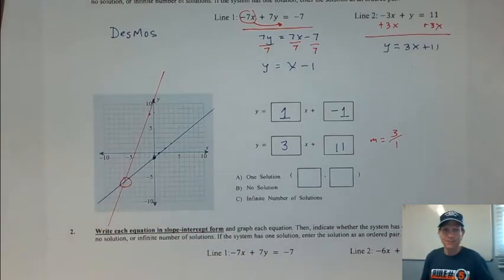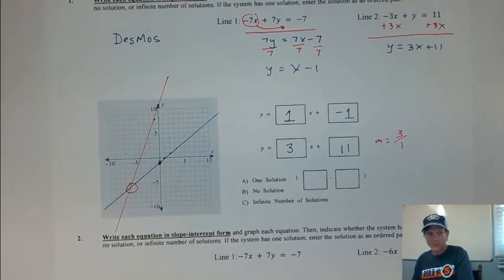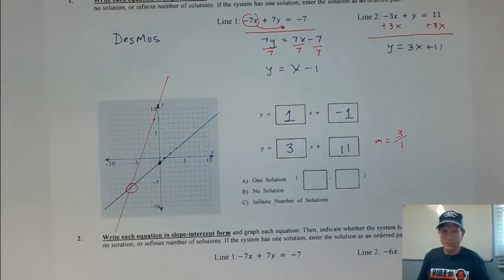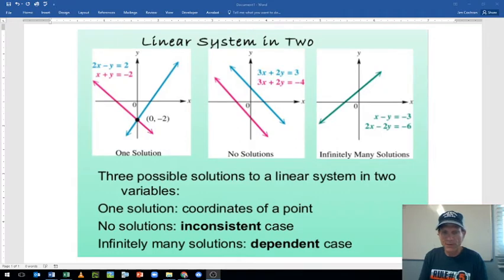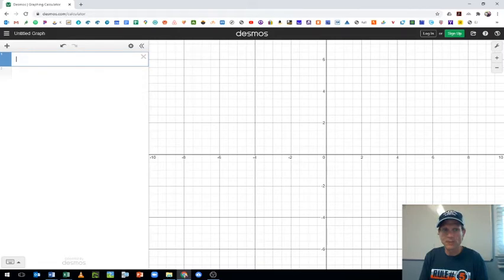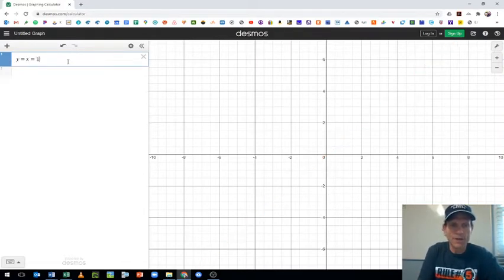But in the introduction video for this module, I did show that if you graph it in Desmos, you can clearly see where the intersection takes place, okay? So looking at Desmos real quick and for a little review, if I type these equations in here, I have 1, y equals x minus 1.